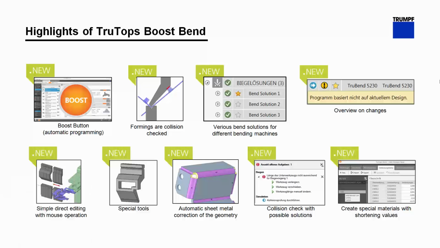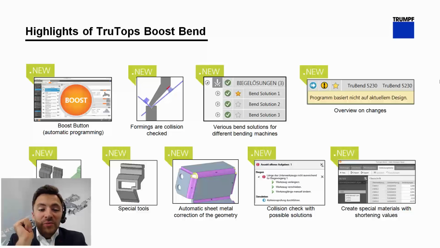A whole new way of working is our direct editing features. So you can just grab a tool or the backgauge fingers or the part and just move it or adjust it or change the tool, for example.